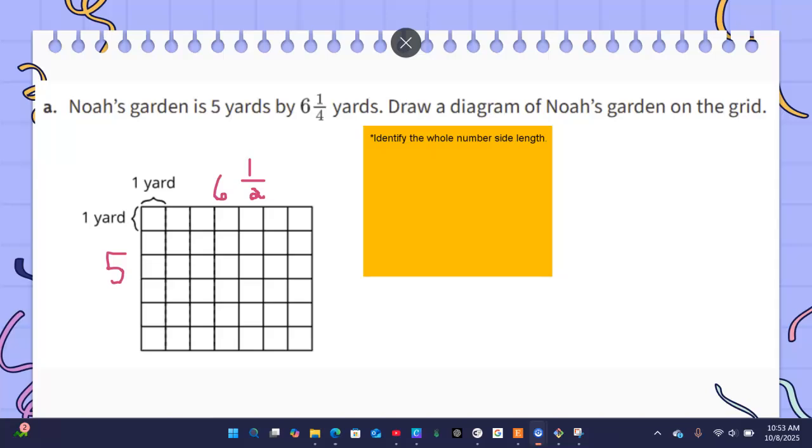Then we need to identify the fractional side length. Then we're going to multiply length times width to find the area.